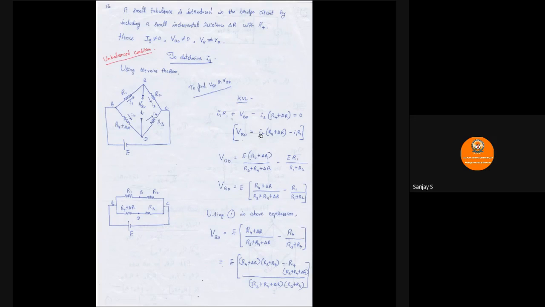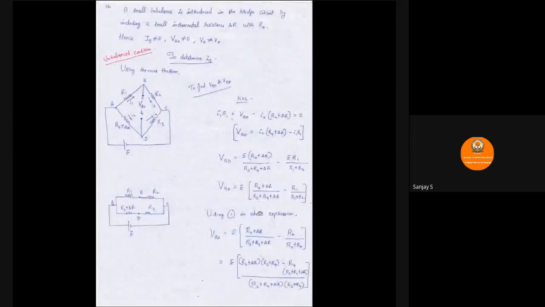In place of I2, I am writing E divided by R3 plus R4 plus delta R. And in the second expression, I have R1, and in place of I1, I am writing E divided by R1 plus R2. If I take E as the common factor, I am left with R4 plus delta R divided by R3 plus R4 plus delta R, minus R1 divided by R1 plus R2.